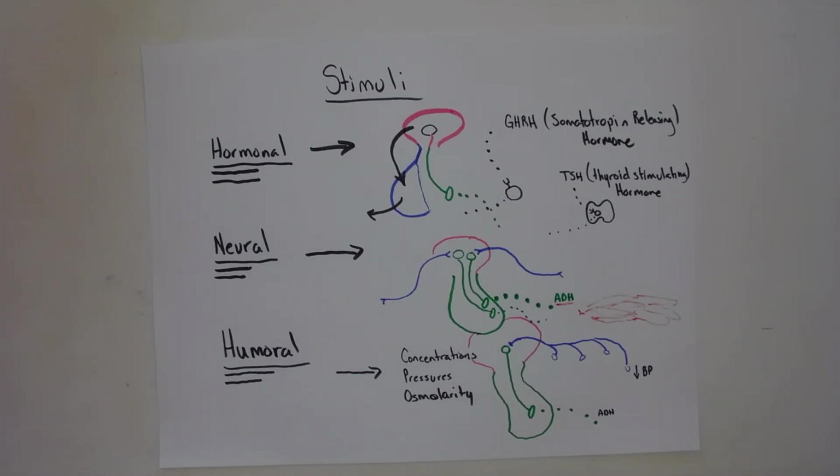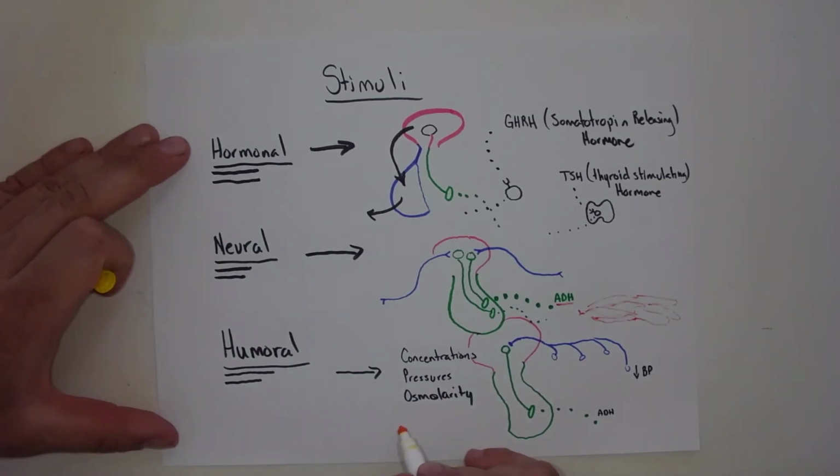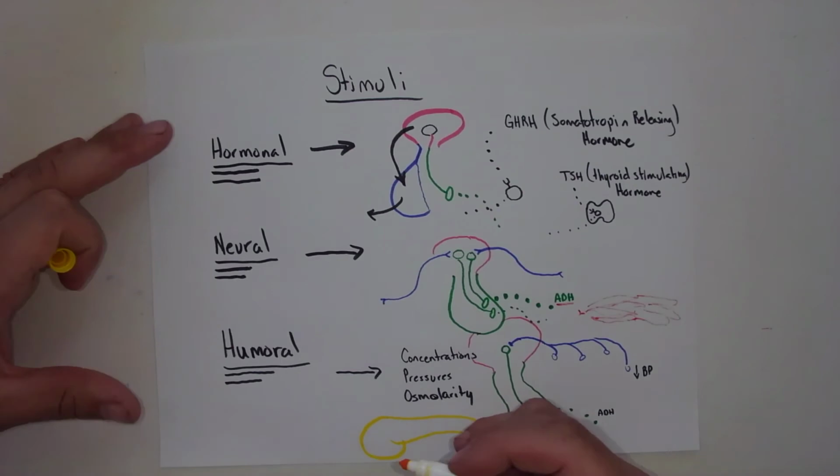Now, another example of this might be insulin. Insulin is released by beta cells in the pancreas in response to low blood glucose.